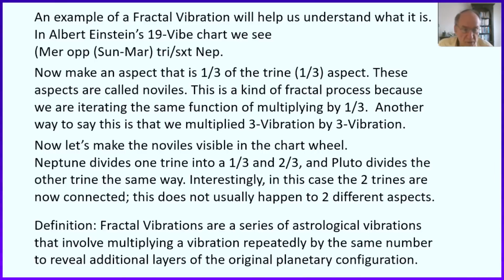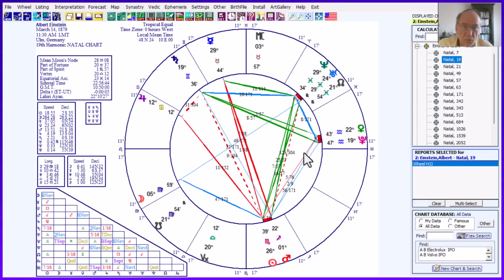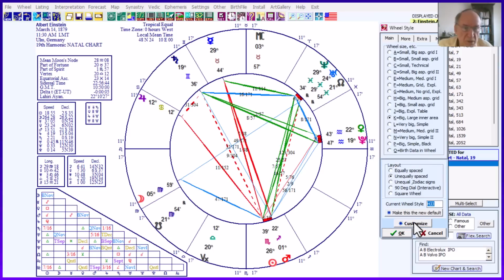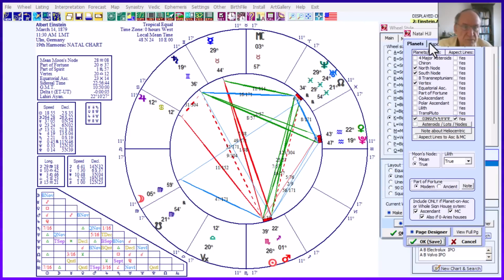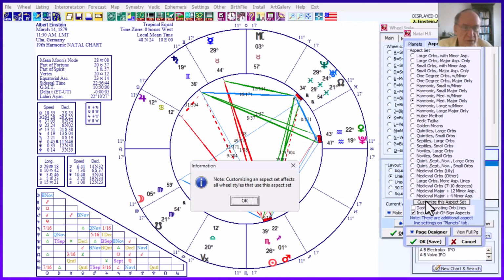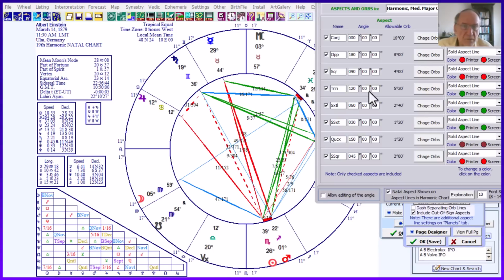So going back to the wheel, now let me remove those blue lines. I'm going to remove these novile and binovile and the quad novile. Oh no, I don't need to remove the aspect, I just need to remove the aspect line.